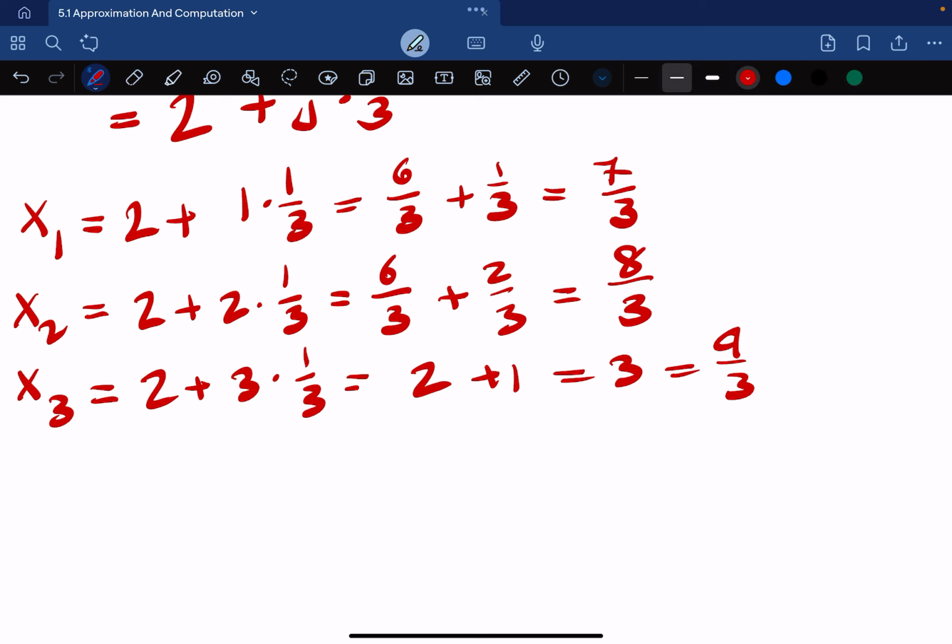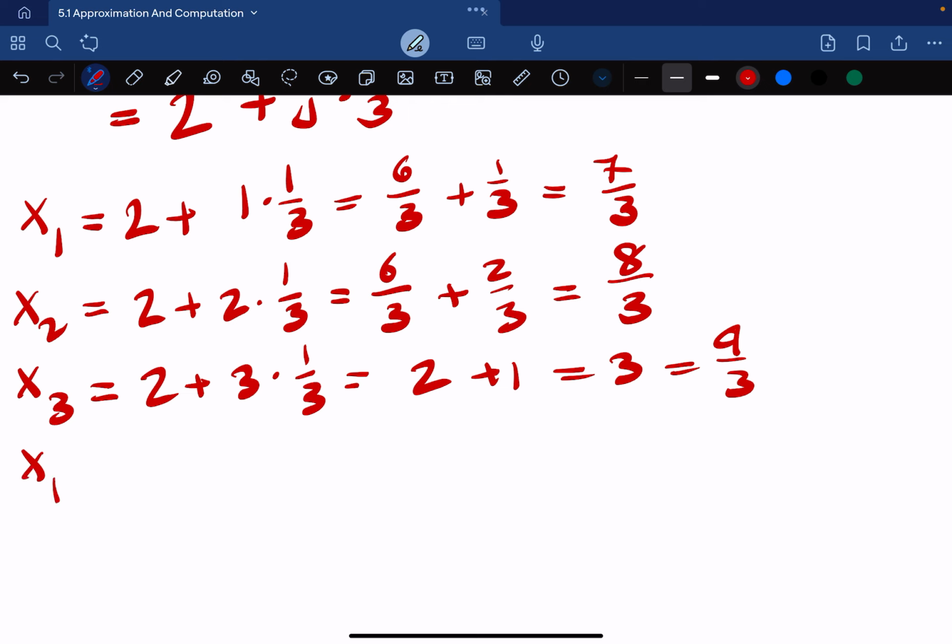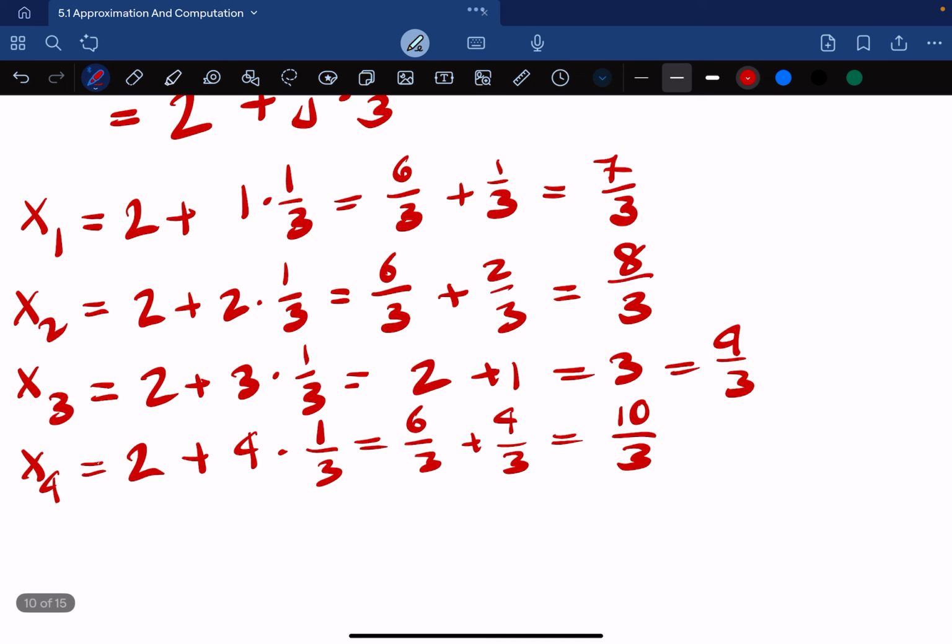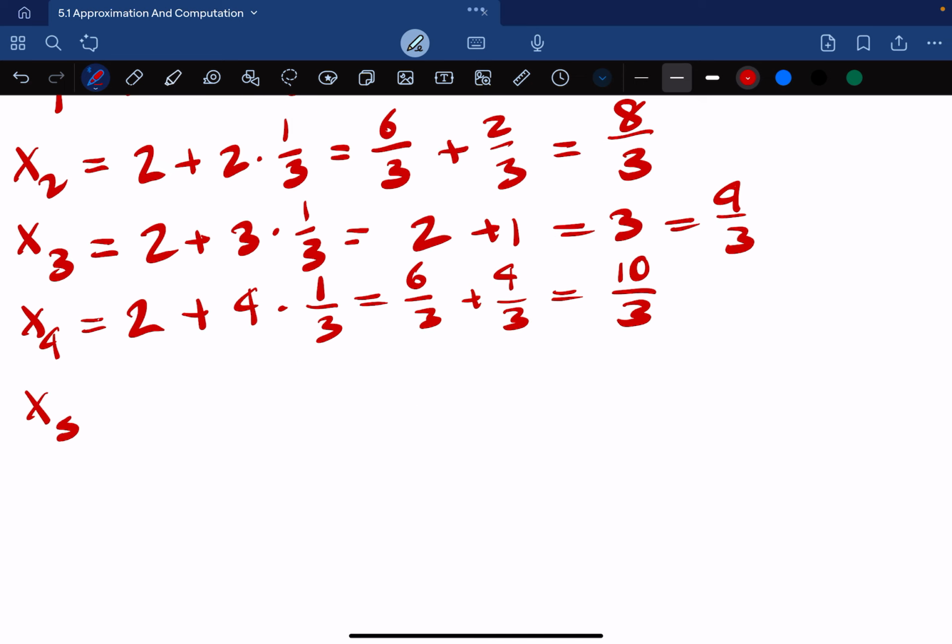I personally would use 3 because it's much easier when we plug it into the actual formula. But if you're somebody who likes working with fractions that much, I'm not going to stop you. Now, x of 4, 2 plus 4 times 1 over 3 is equal to 6 over 3 plus 4 over 3, so 10 over 3.